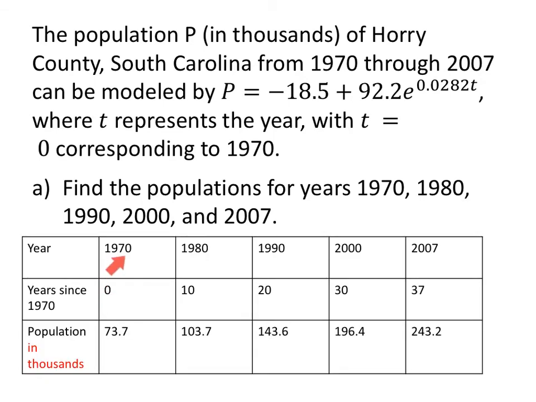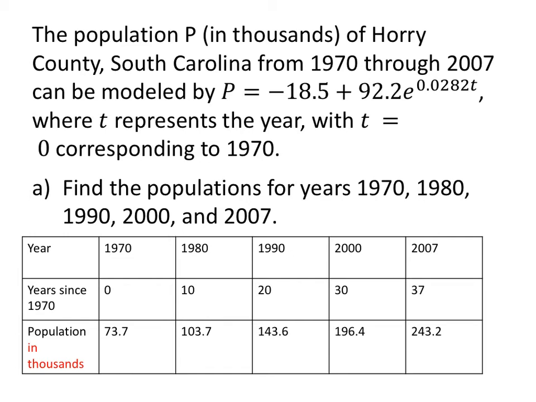The year 1970 is 0 years since 1970, so I'll put 0 in for t, evaluate, and I get 73.7. Remember, our population is in thousands. So this is not 73.7 people in the entire county in 1970. This is 73.7 thousand people in the county in 1970.